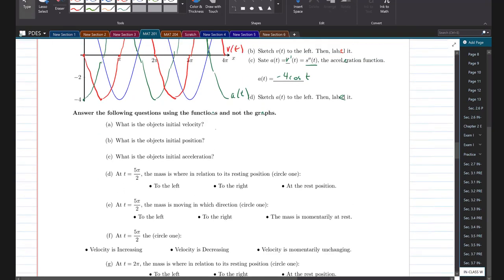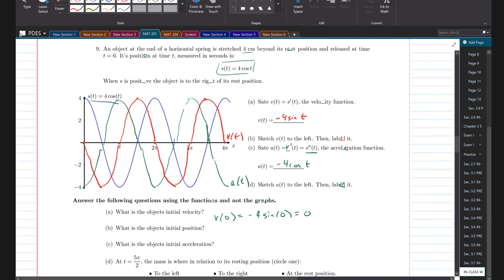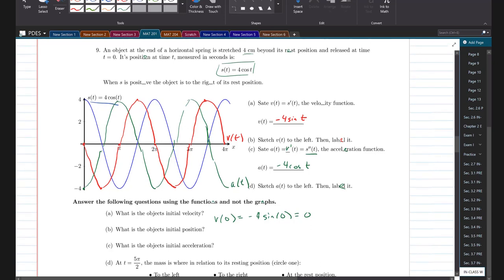You would find v of 0, which is minus 4 times the sine of 0. The sine of 0 is 0, so the initial velocity is 0. The object starts from rest, measured in centimeters per second.